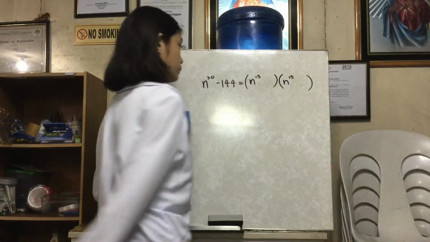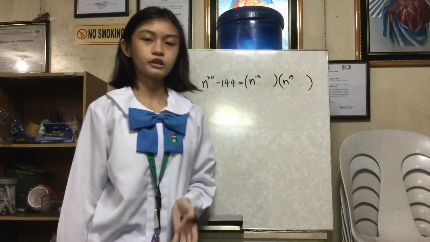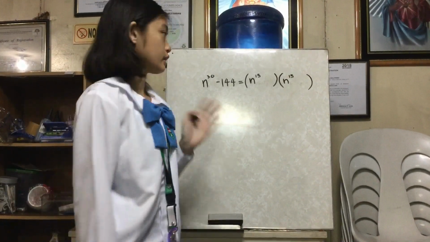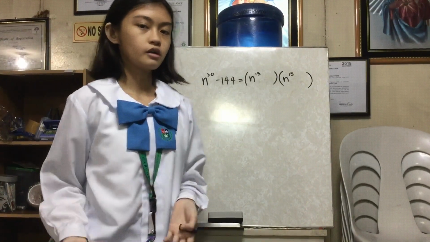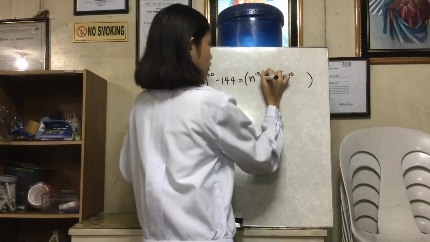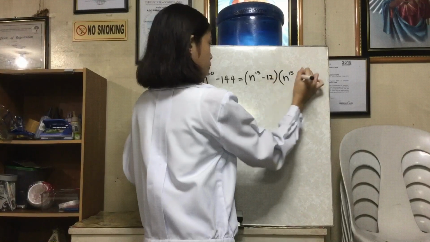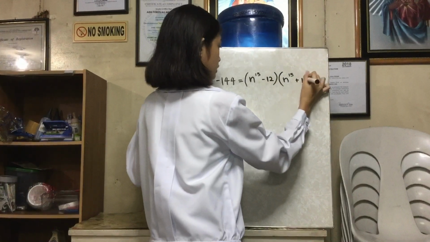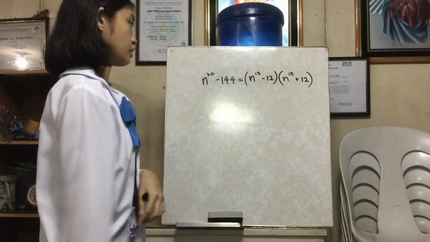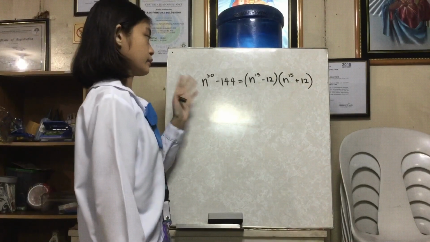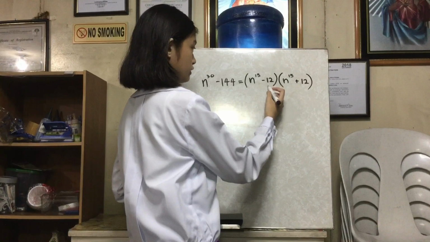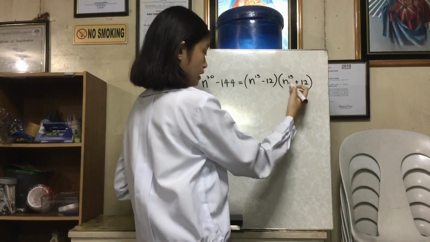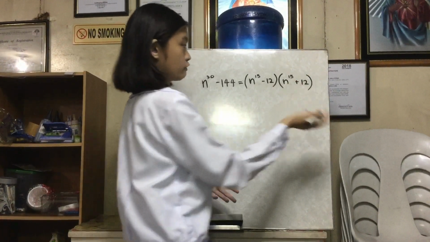Then we know that the square root of 144 is 12, and negative 12 times positive 12 is negative 144. So write negative 12 in the first parenthesis, then positive 12 in the second parenthesis. So the factor of n to the 30th power minus 144 is n to the 15th power minus 12 times n to the 15th power plus 12.